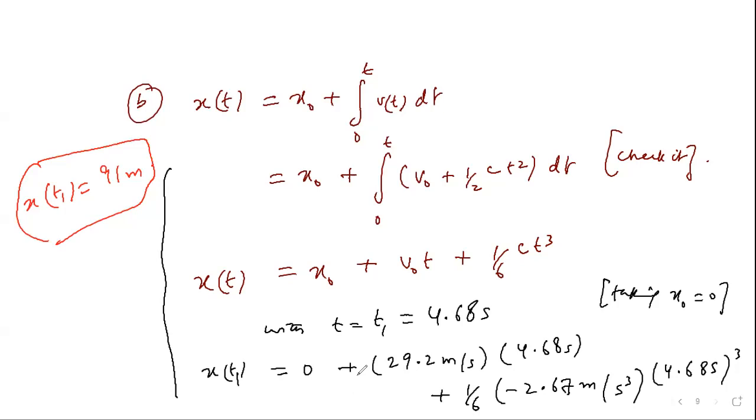Check the numbers first. X of t is x0 plus v0 t plus 1 by 6 Ct cube. Then we substitute the values: 29.2 meter per second times 4.68 second plus 1 by 6 times minus 2.67 meter per second cube times 4.68 second cube equal to 91 meters.